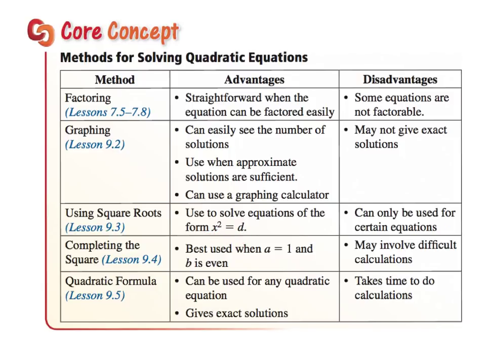It only works for some things. Completing the square is best used when you only have an a or b value. However, it's hard sometimes. Quadratic formula, this is probably the best. It gives exact solutions and it is used for everything. It works for everything. The real only disadvantage is it takes a little bit of time to do the calculations.